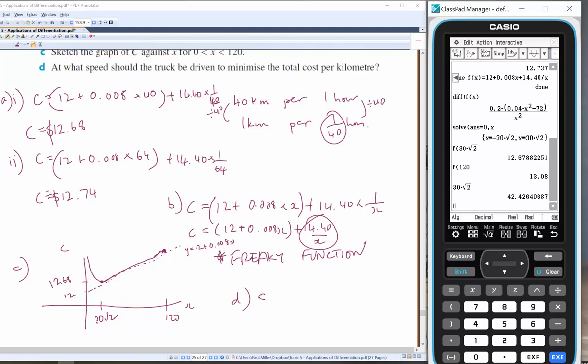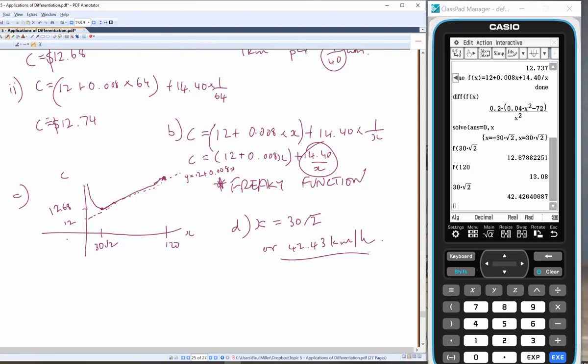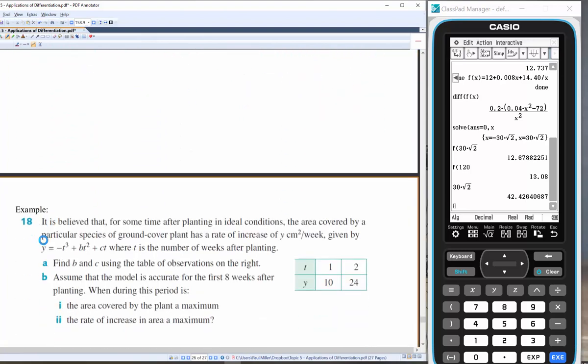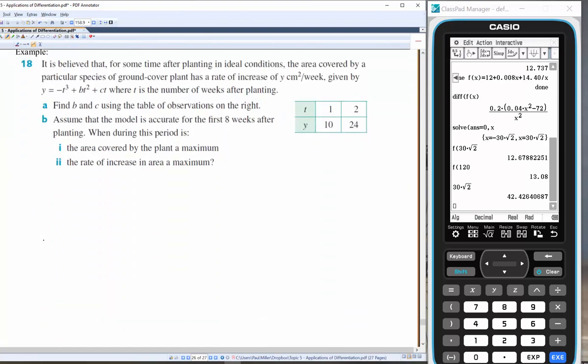So x is equal to 30 root 2, or 42 point, it doesn't say to approximate, but 43 kilometers per hour. So that's going to be the rate at which the truck should be driven to minimize the total cost per K. Okay, so yeah, pretty tough problem. Go through that one a few times because that's tricky.